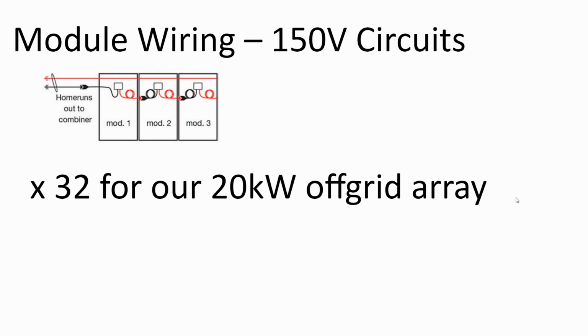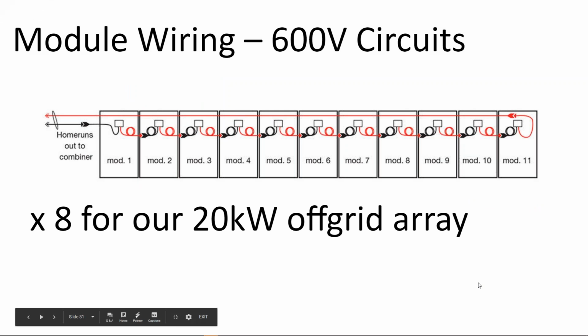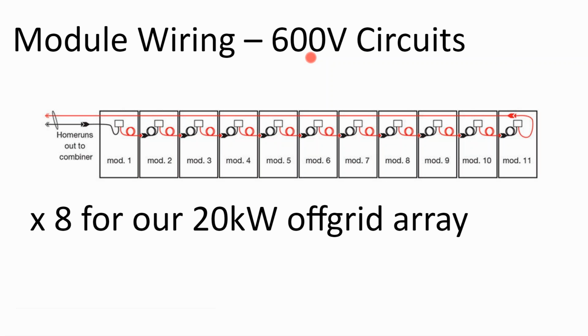So even at the residential level, I'm looking at higher voltage charge controllers, and there aren't many. Schneider makes one, Morningstar makes one, to get up to 600 volt circuits. And then we saw that Amped makes 1000 volt module level panel electronics for the commercial arena.